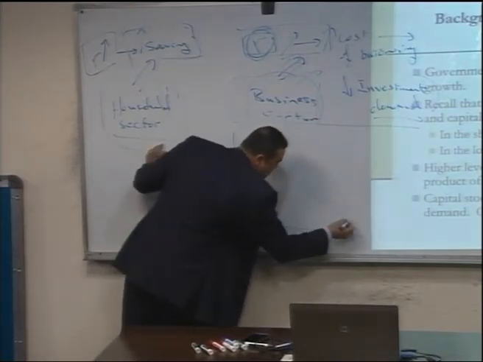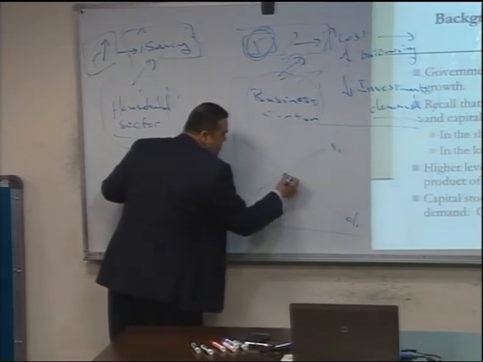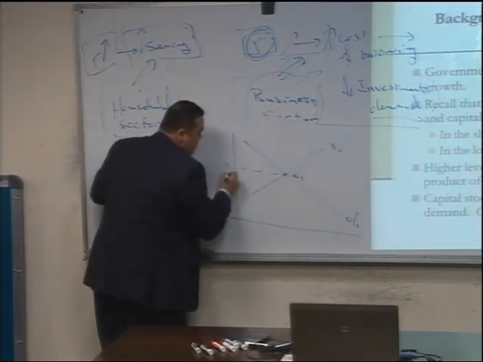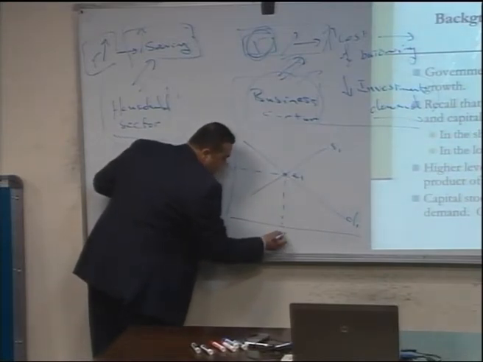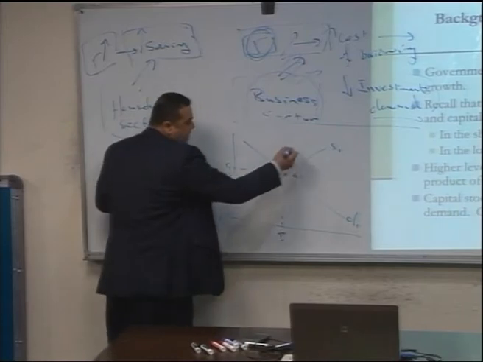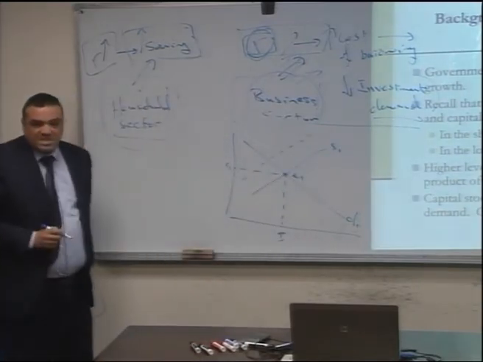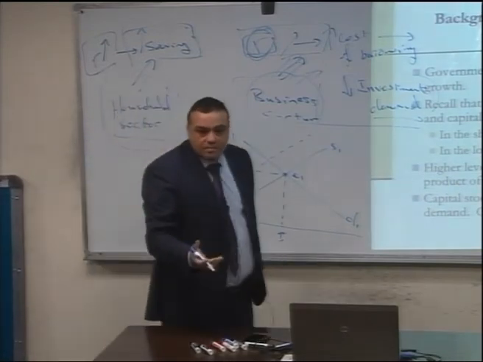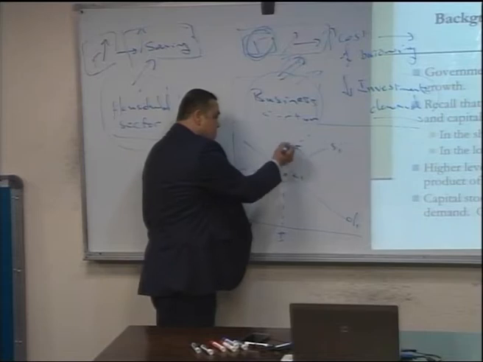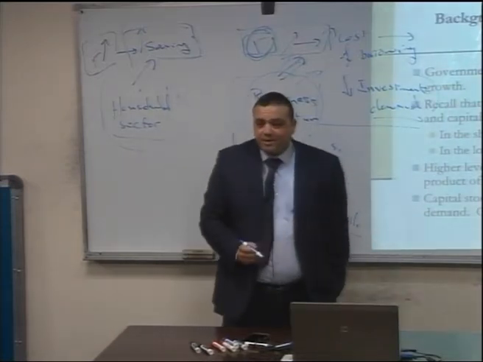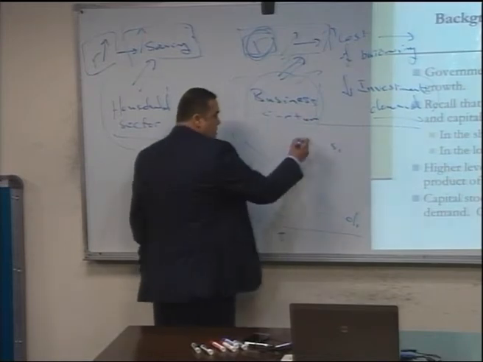This is the original situation: S1, E1, R1, investment I1. As supply declines, because saving by households declines, there is a leftward shift to S2.